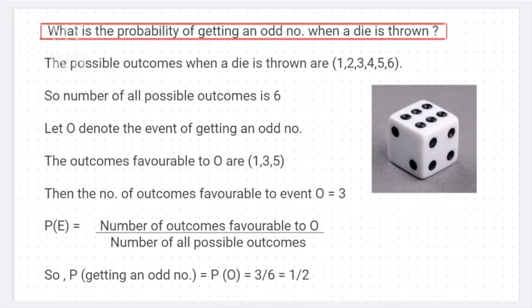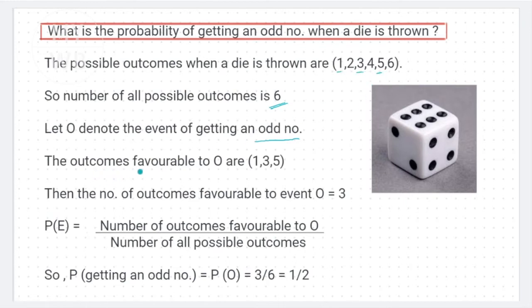Now, let's see what is the probability of getting an odd number when a die is thrown. The possible outcomes again are the same: 1, 2, 3, 4, 5 or 6. So the number of all possible outcomes is 6, and the denominator is going to be the same 6. Let O denote the event of getting an odd number. What are the odd numbers marked on a die? They are 1, 3 and 5, so there are 3 different odd numbers.